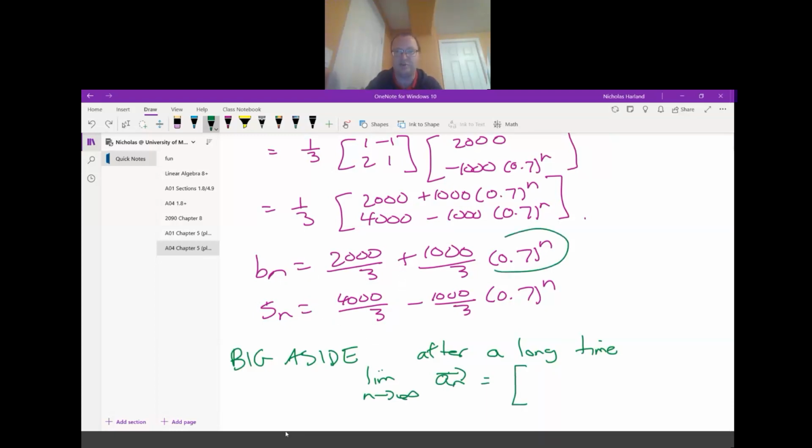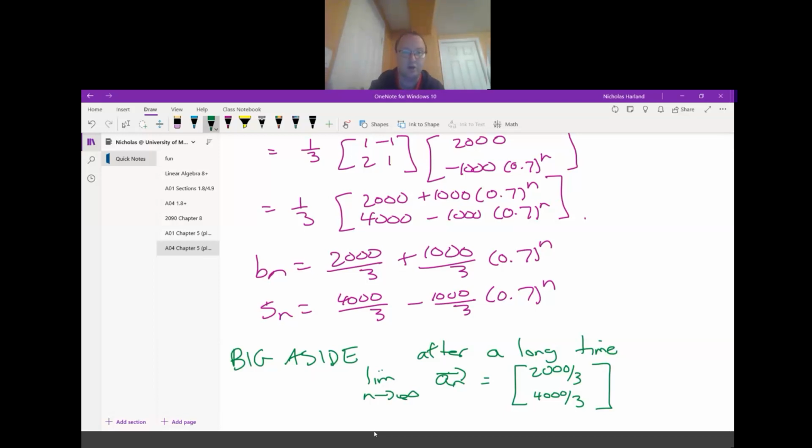What happens to 0.7 to the n if n gets really, really big? Yeah, if you take 0.7 and you raise it to a large power, you multiply it by itself over and over and over again, well, eventually it becomes so small that it's nothing.